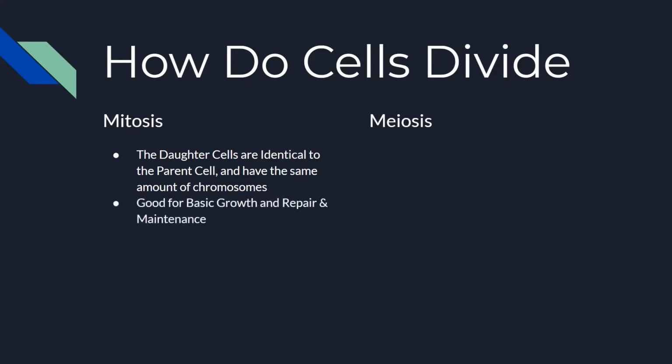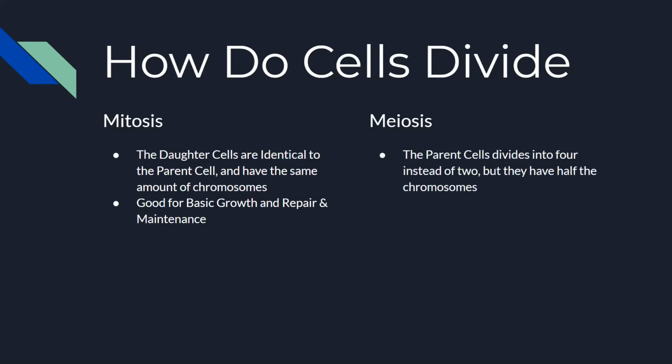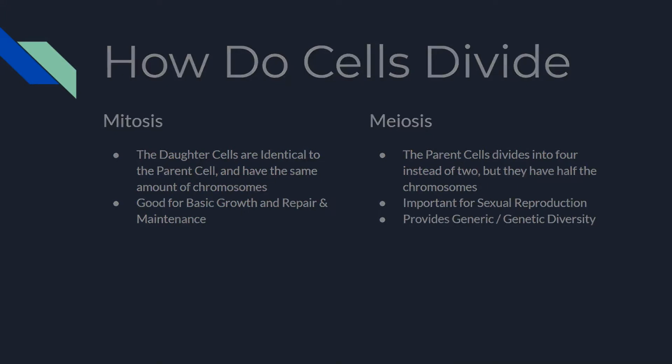This type of cell division is good for basic growth, repair, and maintenance. In meiosis, a cell divides into four cells that have half the number of chromosomes. Reducing the number of chromosomes by half is important for sexual reproduction and provides genetic diversity.